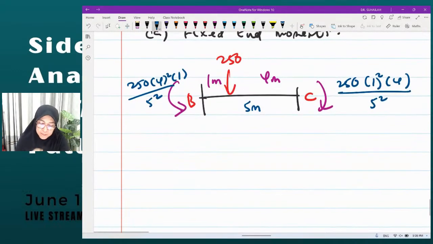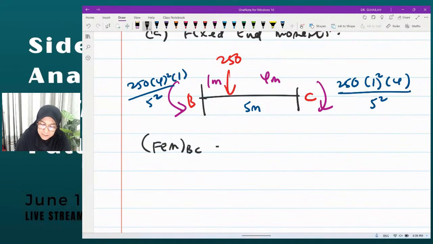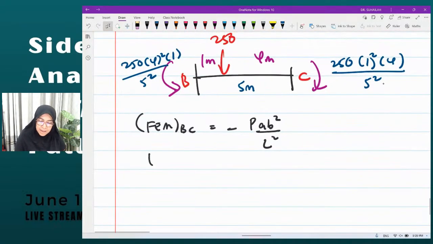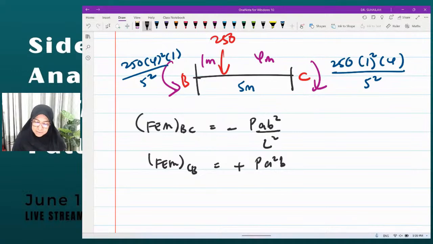So FEM for BC is negative P A B squared divided by L squared, and FEM CB is positive P A squared B divided by L squared.